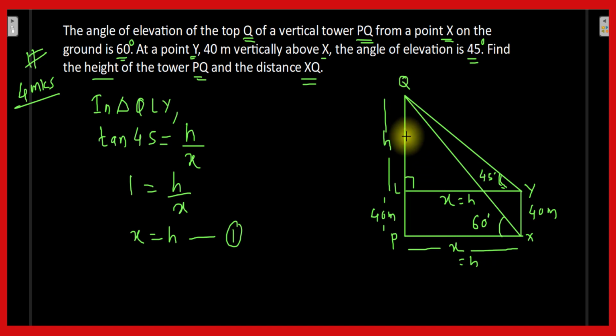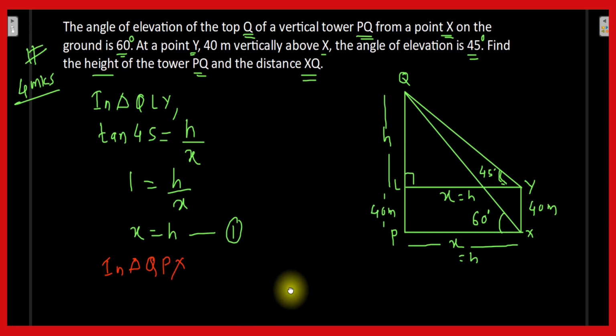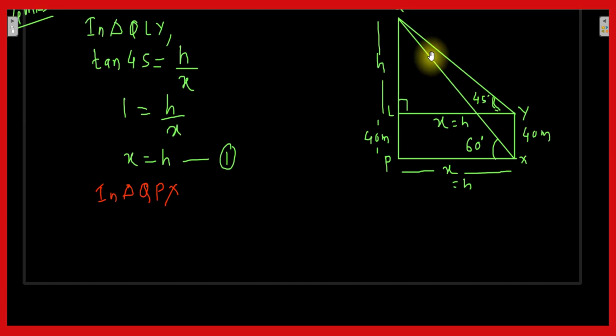Now we will take another triangle, triangle QPX. In triangle QPX, tan 60 is equal to opposite upon adjacent.